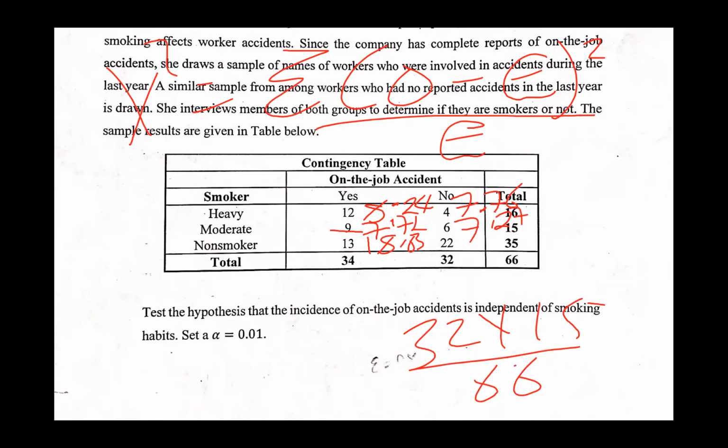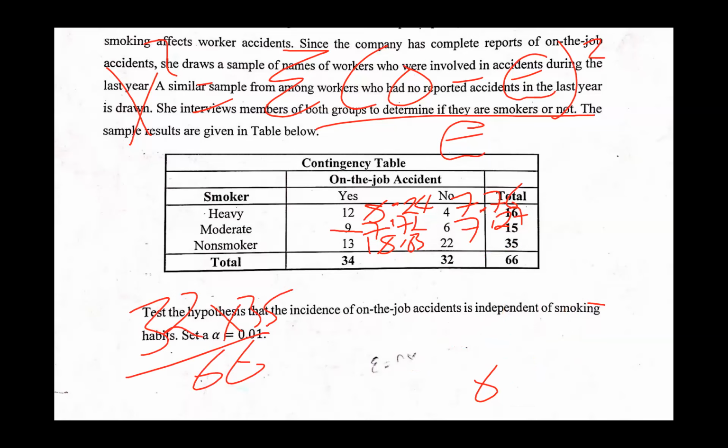What about the last one? 16.96. You get it, right? These are the expected values.